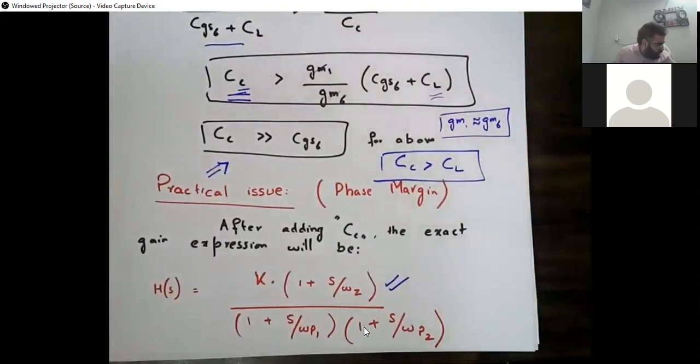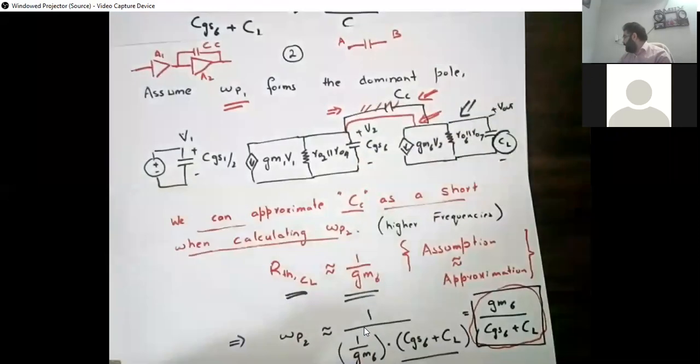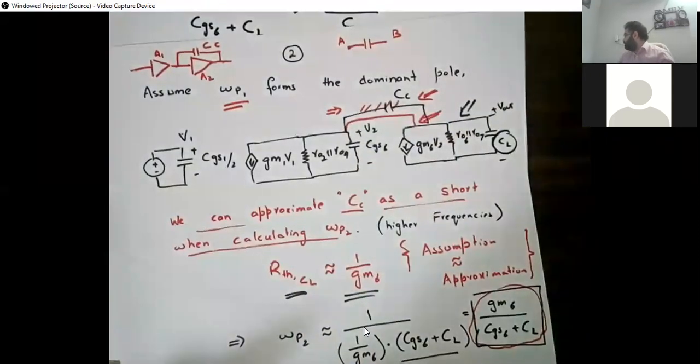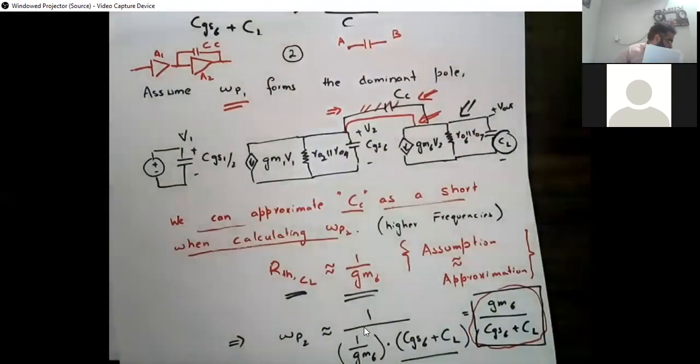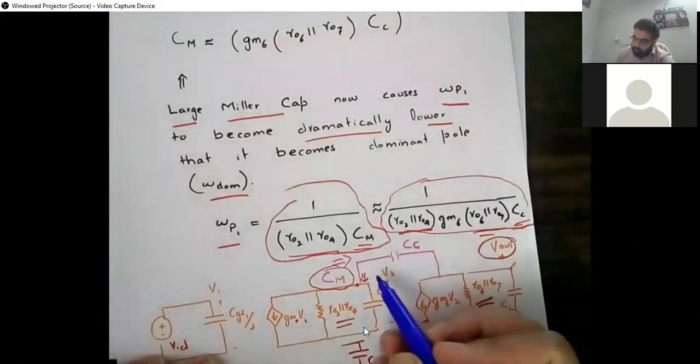Because when we added a compensation capacitor at this point, whenever we add a compensation capacitor CC here, what's going to happen?